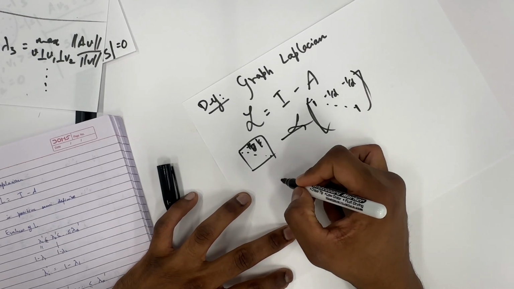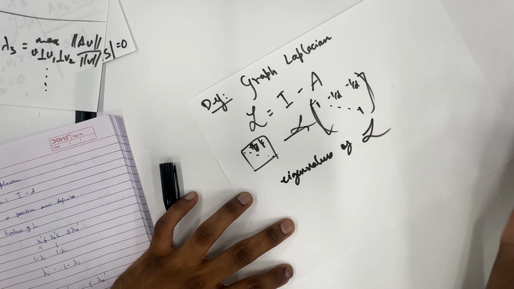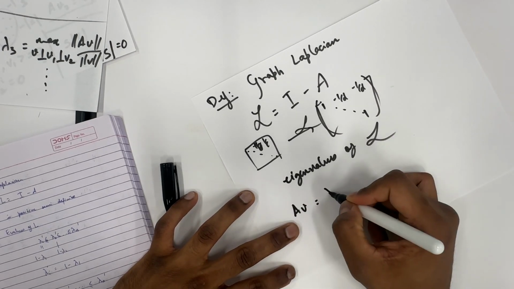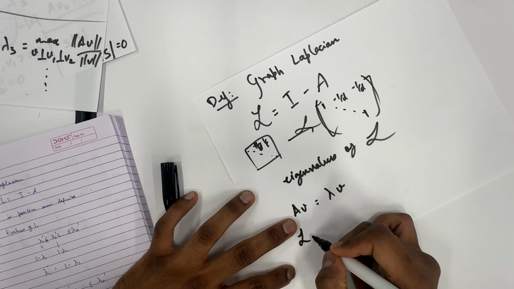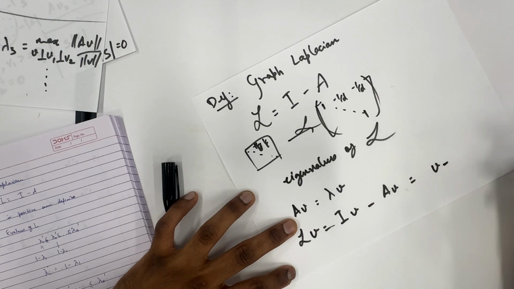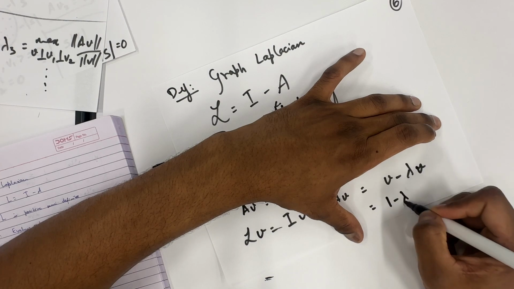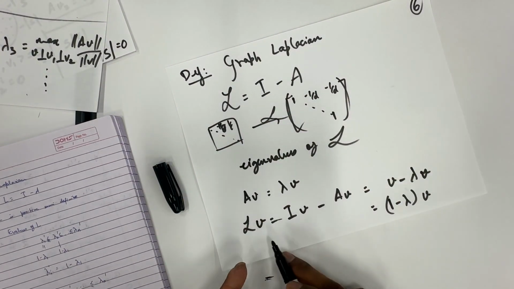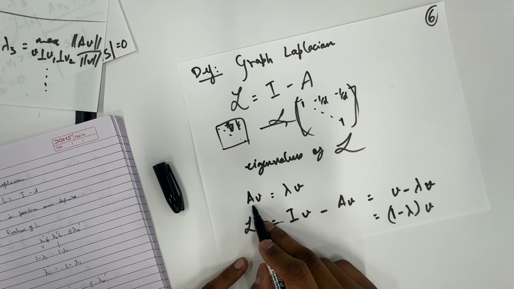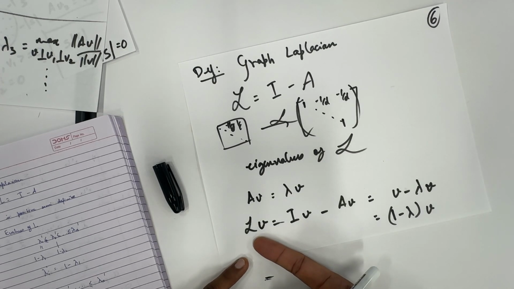Now let's look at what the eigenvalues of this new operator L are. Whatever the eigenvectors of A were, let's say there was a vector V with AV equals lambda V. Let's multiply the Laplacian L with that V. It becomes identity times V minus A times V, which is V minus lambda V, because V was an eigenvector of A. So this becomes 1 minus lambda times V. So basically every eigenvalue of my adjacency matrix operator, I do a 1 minus that eigenvalue, and it becomes the eigenvalue of my Laplacian operator.